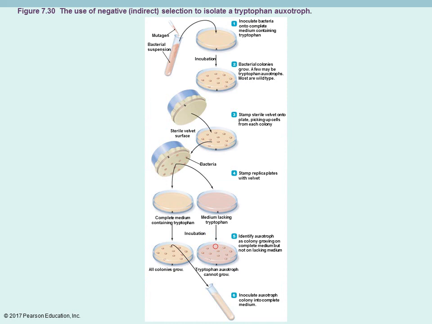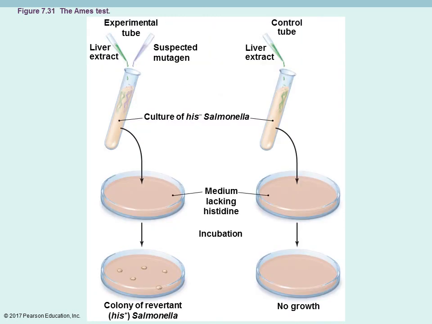Sometimes you can add a particular growth requirement that the mutant has to have in order to grow. And so you can inoculate media and use a stamp from one to the other, one that has the special growth factor and one that does not, and you compare once again.